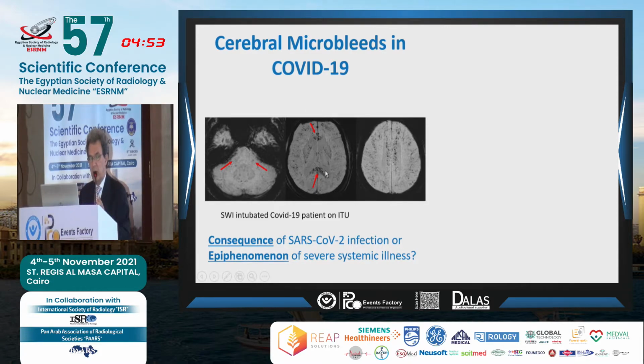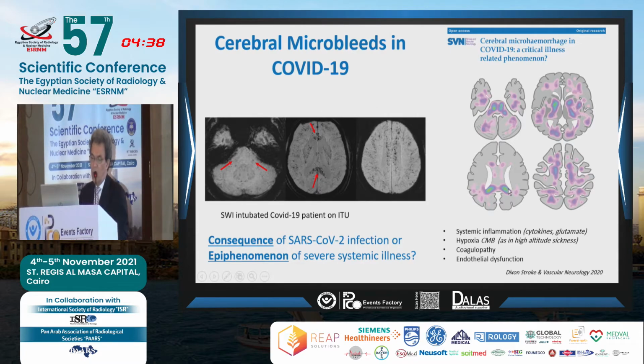So is this now a direct consequence of COVID, or is this an epiphenomenon of a severe systemic illness, irrespective of the underlying disease? So in the work that was done in London, they looked at all the microhemorrhages and found a pattern that on the one hand was different from, for instance, cerebral amyloid angiopathy, the other disease with many microhemorrhages.